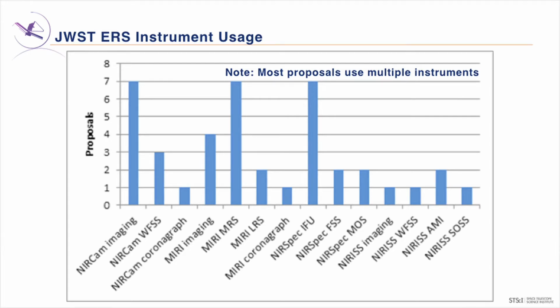One of the nice things about this is that we get not only a broad selection of information about the different capabilities of these modes, the ERS programs are specifically designed and were also selected based on the science-enabling products that the proposers suggested that they would produce in time for the Cycle 2 call for proposals.